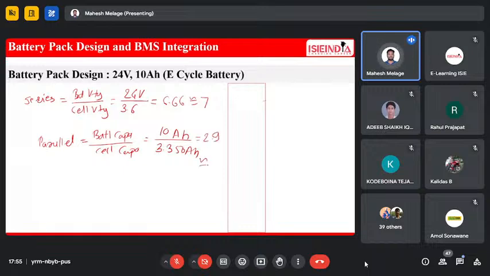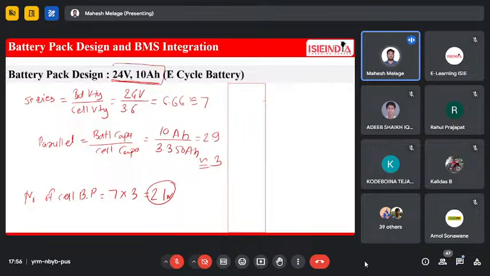It is approximately considered as 3. So the number of cells in the battery pack is 7 into 3, 21 cells. Okay, the 21 cells are used to create this 24 volt 10 Ah battery. These batteries are used in E cycles.